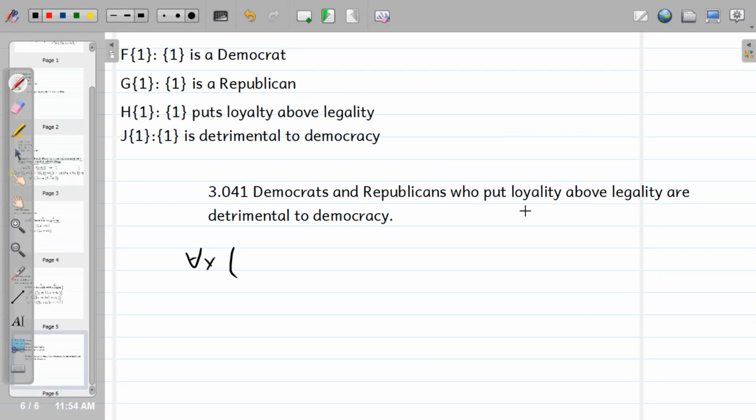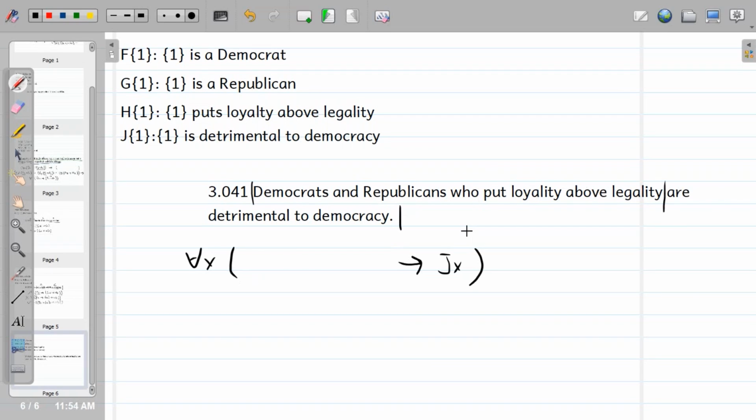The topic of discussion has some parts to it. The thing that they're saying is fairly simple. Are detrimental to democracy. So that's going to be our consequent, right? Jx. But now it's a matter of figuring out what the antecedent says. So Democrats and Republicans who put loyalty above legality.